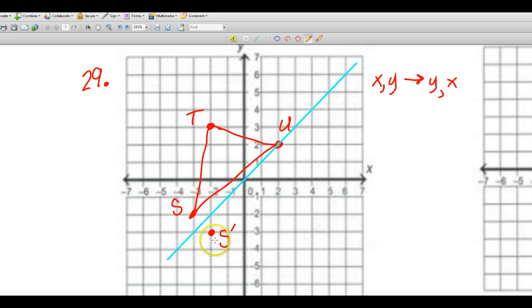So there's S prime, and you can see that it's equidistant from the reflection line as S. And then for T, my coordinates were -2, 3, so now I want to go 3, -2. And T and T prime are also equidistant from this reflection line. And U, since it's on the reflection line here, it will remain on the reflection line. And then connect your vertices. So something like this.